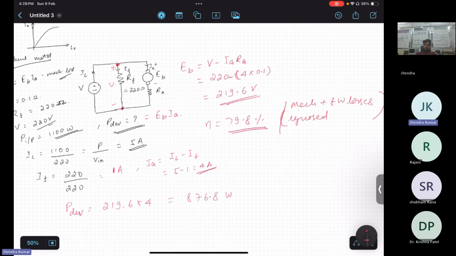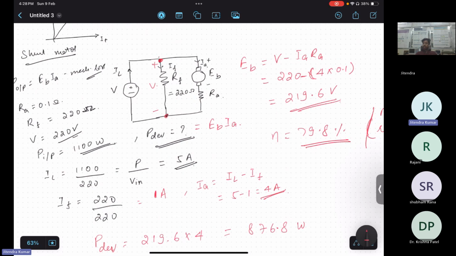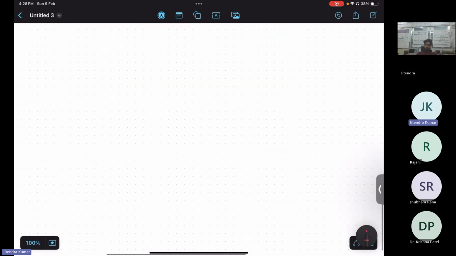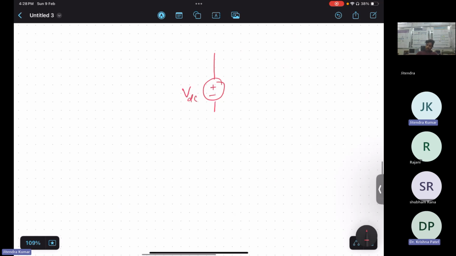So I hope you got this idea of shunt motor, right? The last thing remaining is the series motor, for which we have already solved a couple of problems, but still we will see it finally. So how will be the connection of series motor? This is the VDC supply.